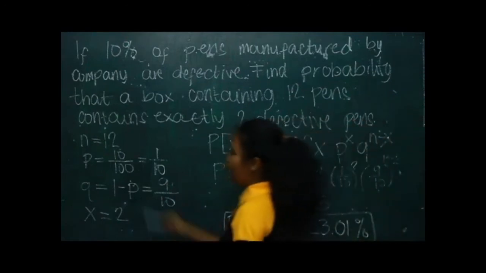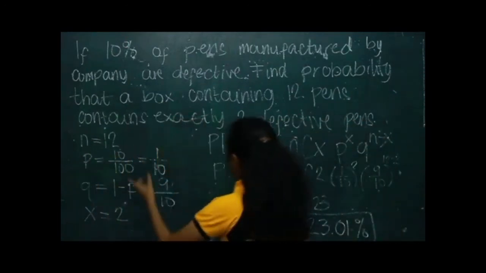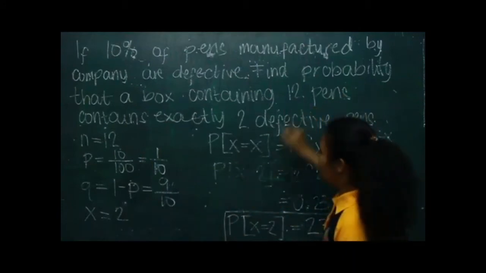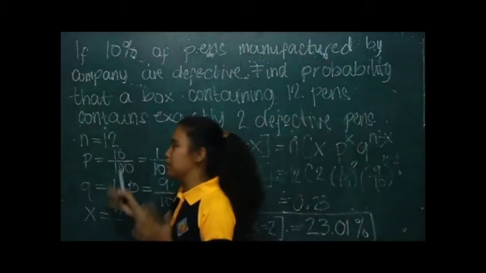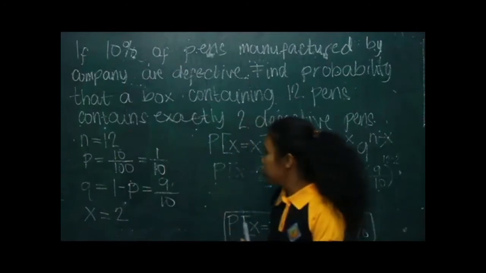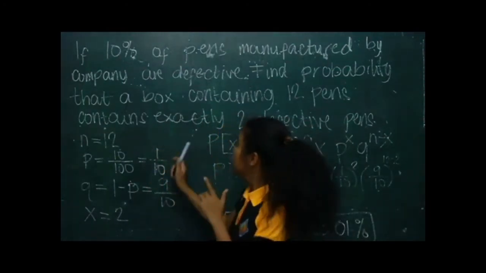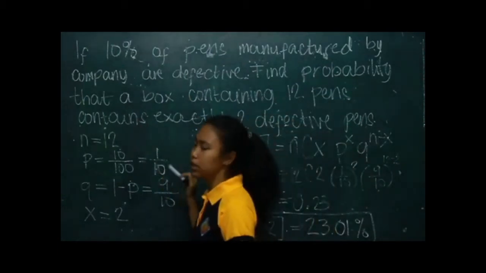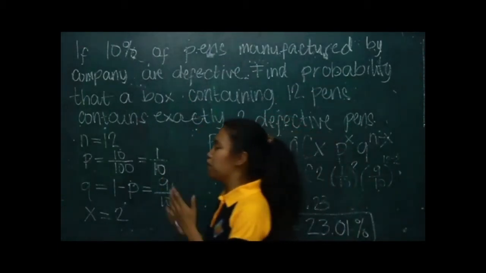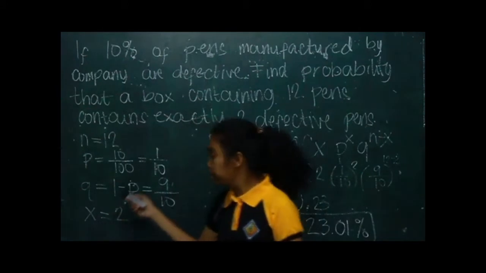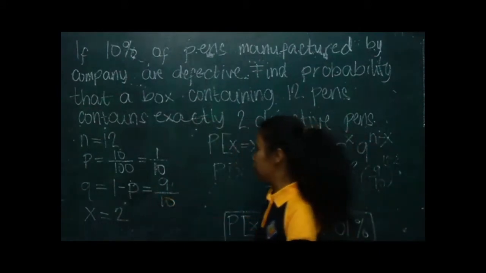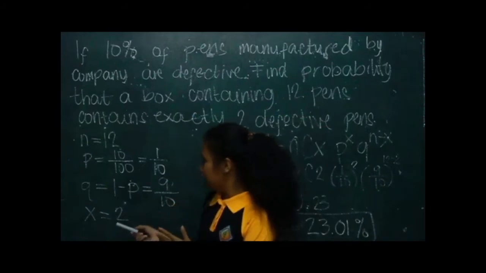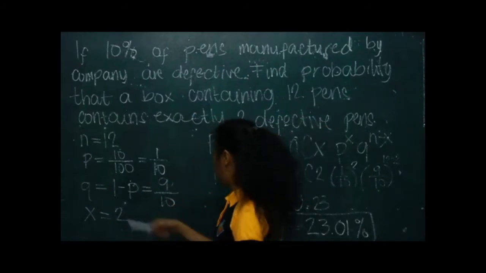Given n is equal to 12, and the probability of success is 10% which is 10 over 100, so it is equal to 1 over 10. Then the probability of failure is 1 minus p, which is 9 over 10, and x is equal to 2.